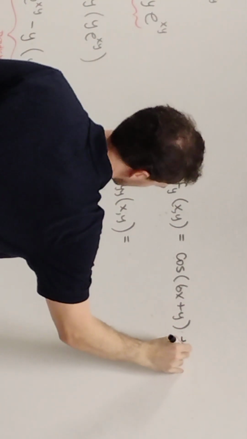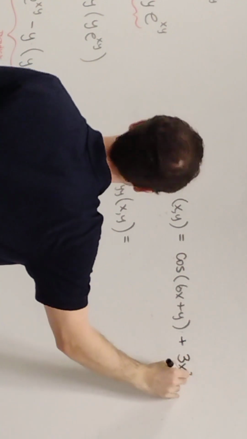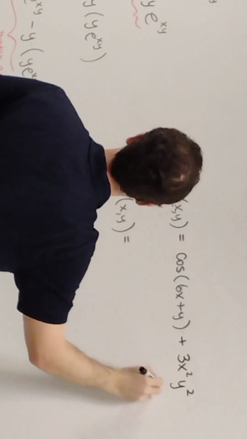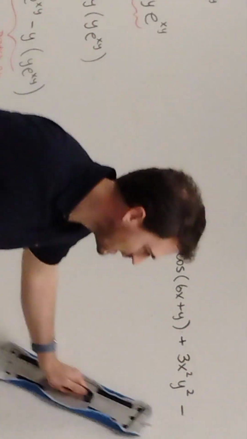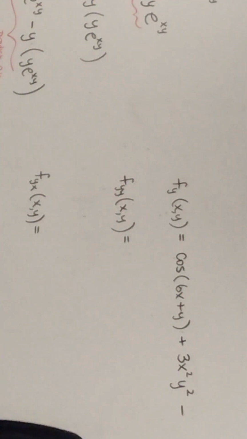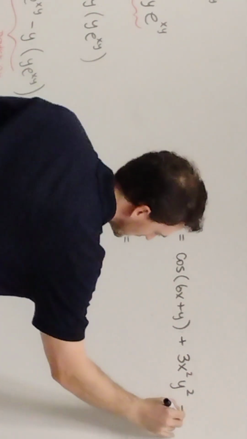Plus 3x squared y squared minus. Now, if I have e to the xy, then the x is kind of the coefficient now, so that's going to be the piece that gets dropped there.